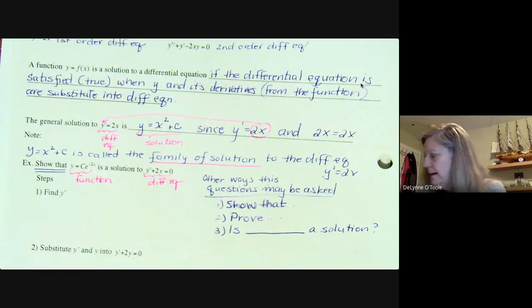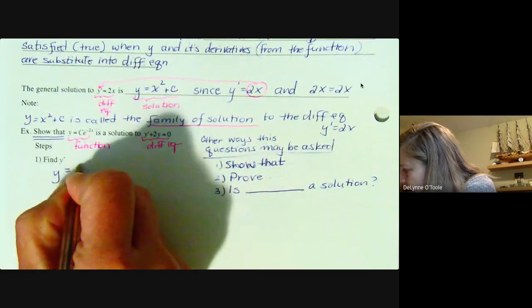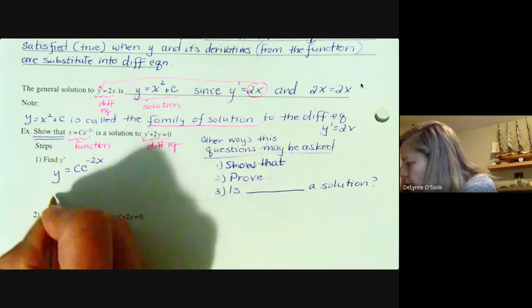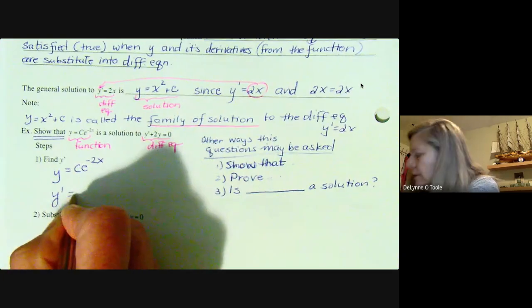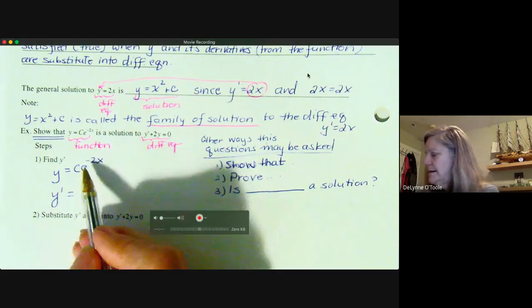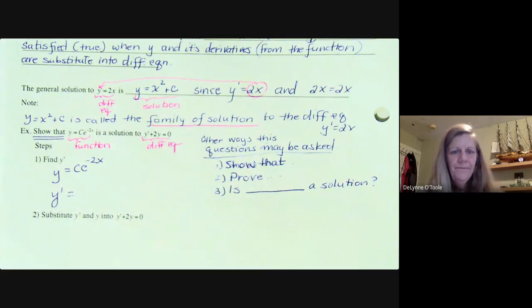So let's do that. If y equals ce to the negative 2x, then y prime equals, oh, this is a derivative from first semester. The derivative of e to the u is e to the u prime, right? It's a box method, okay?